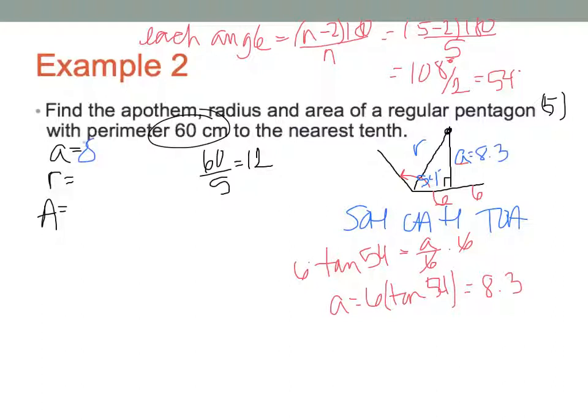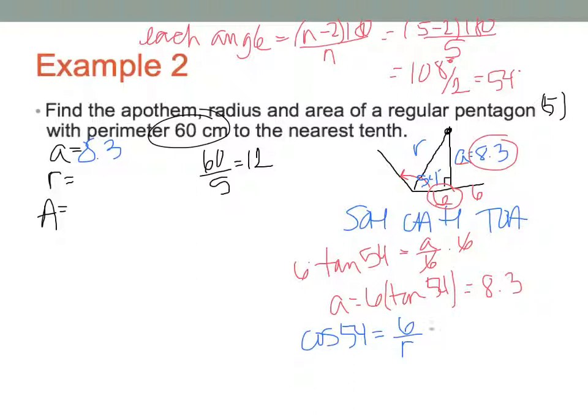So I've figured out this one, 8.3. And now to find the radius, you have 6 down here, you have 8.3 here. We could use Pythagorean theorem to find it, but since we're already on a roll with the sine, cosine, and tangent options, let's keep going with that one. So let's say I'm still standing at 54. This time I'm going to take the cosine of 54, and cosine again is adjacent, 6, divided by hypotenuse, which is r.